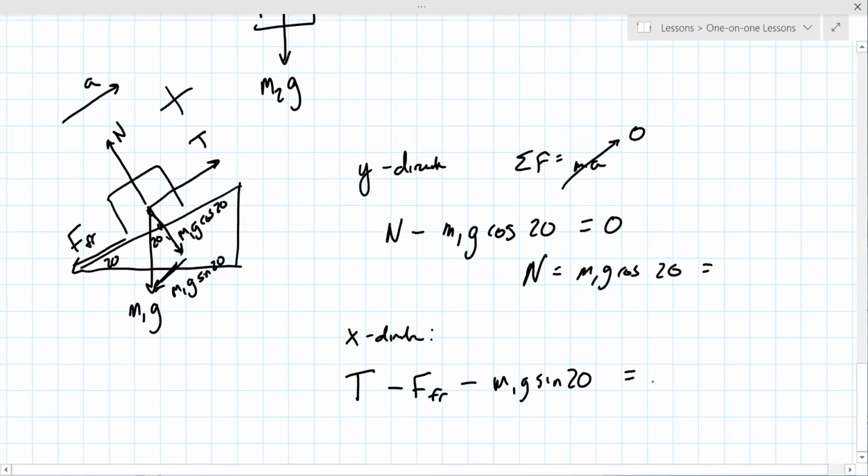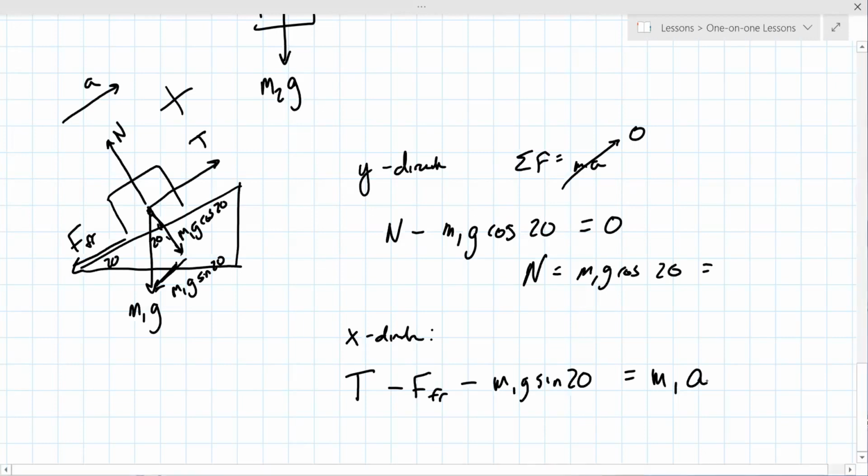And this thing is accelerating, so it equals m1 times acceleration. So I've got m1a.